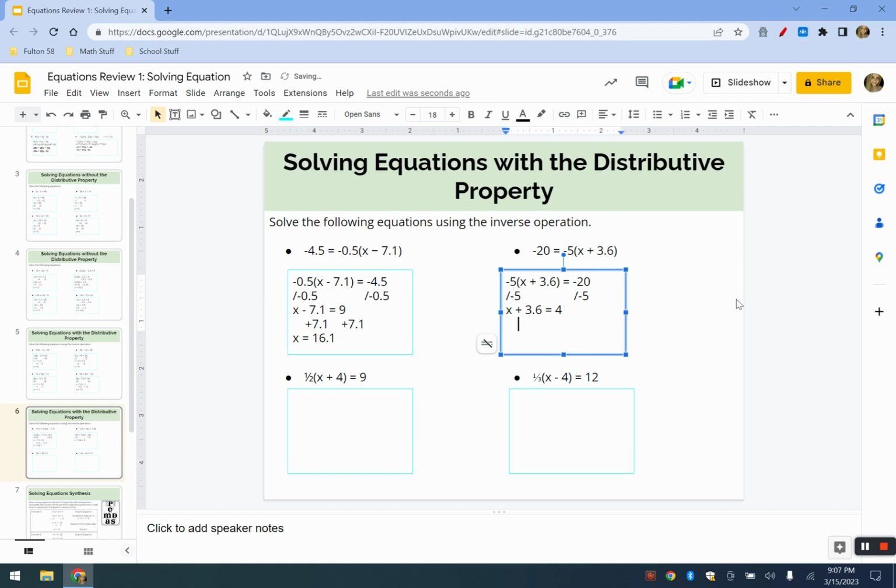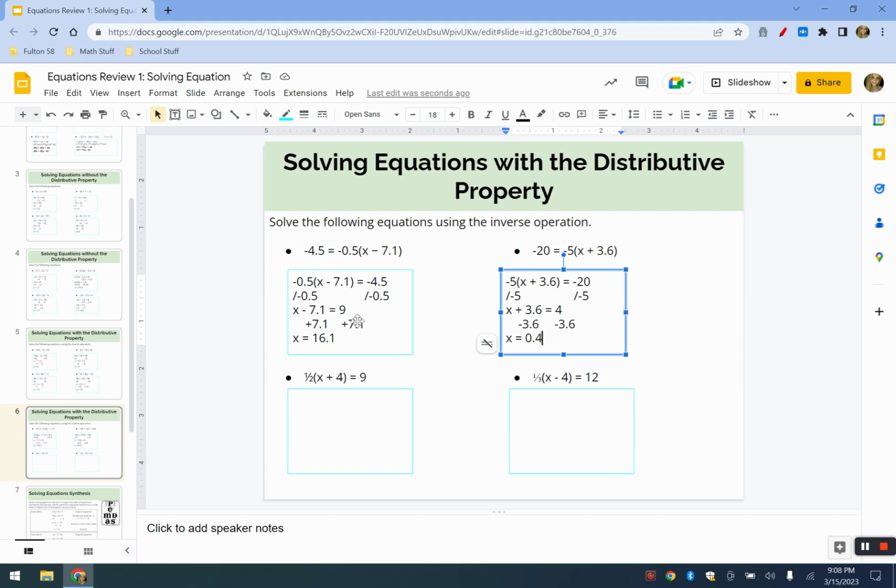Last step, subtract both sides by 3.6. And we get x equals 0.4. Okay, we're doing great. Alright, now the last two.